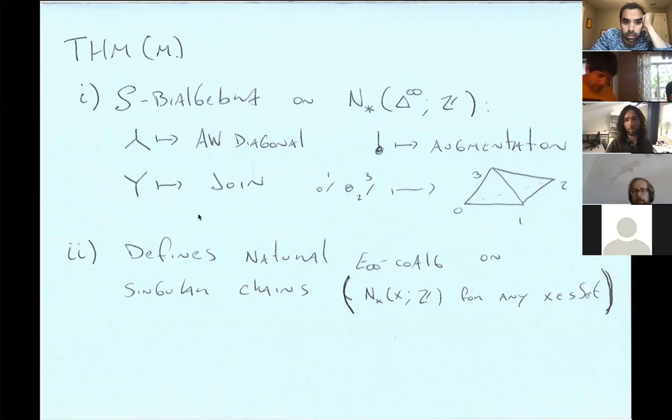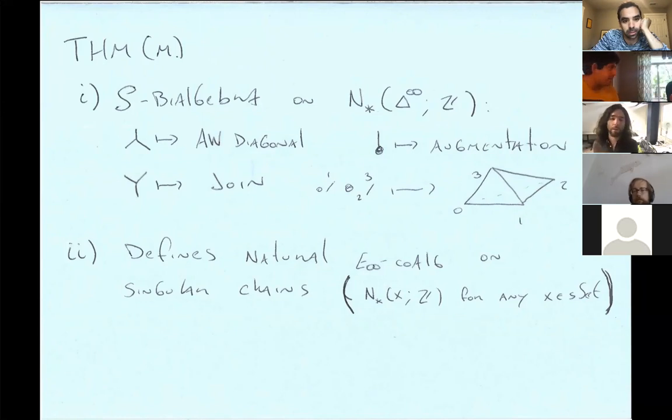And the first statement is that we do have a representation of the entire prop, that is by algebra, on the chains on the infinite simplex.